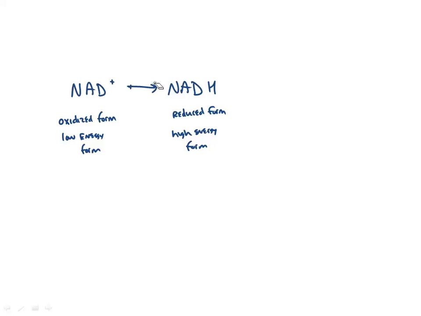Or if we take a look at it and we have a double set of arrows on it, then we can say for the top set of arrows that this is energy storage, and in this one we use energy. And so we can tell whether a molecule or whether a reaction gains or loses energy by simply knowing NAD plus and NADH. And that's one of those 50-50 things.